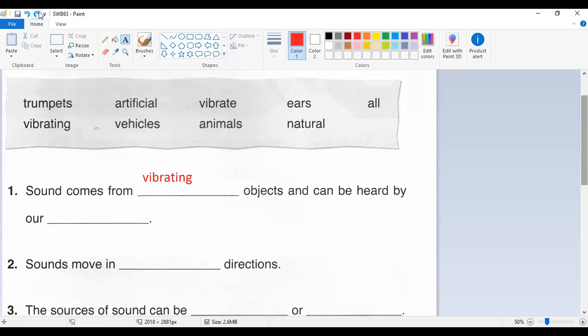So let's put in vibrating and ears. And when we're ready, so here's vibrating up there. Copy it straight from what I've written.